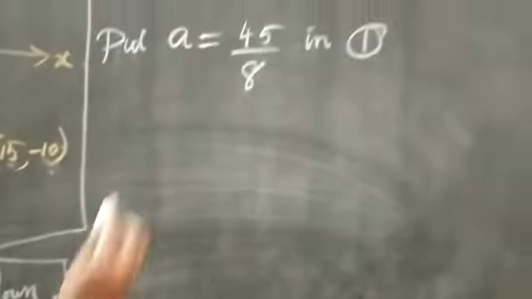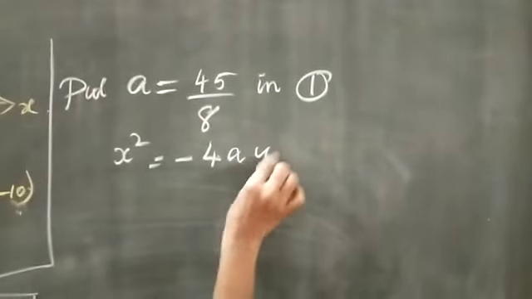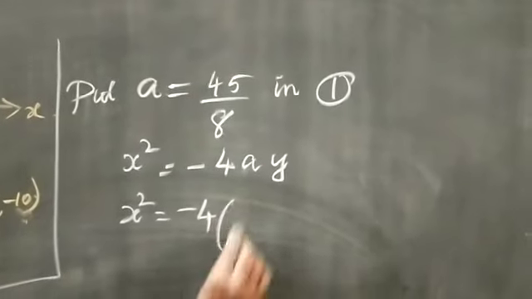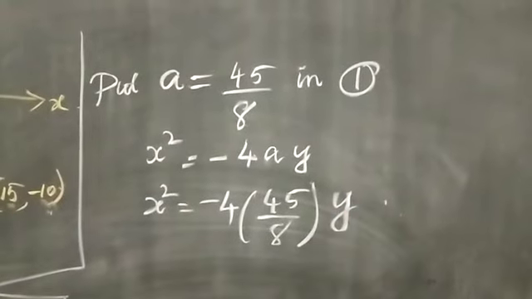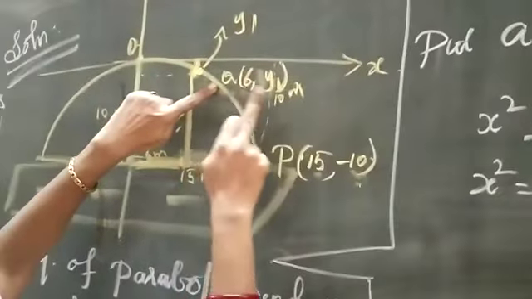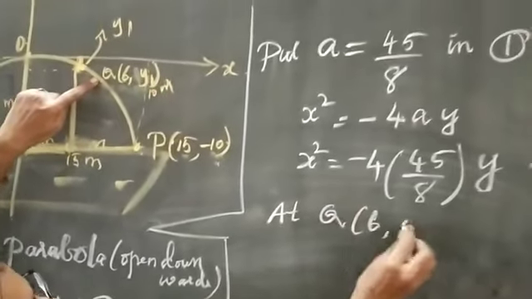See, in equation 1 we have x square is equal to minus 4ay. That is, x square is equal to minus 4, in the place of a, substitute 45 by 8 into y. Now, let us choose the unknown point Q. What is Q? Q is 6, y1.